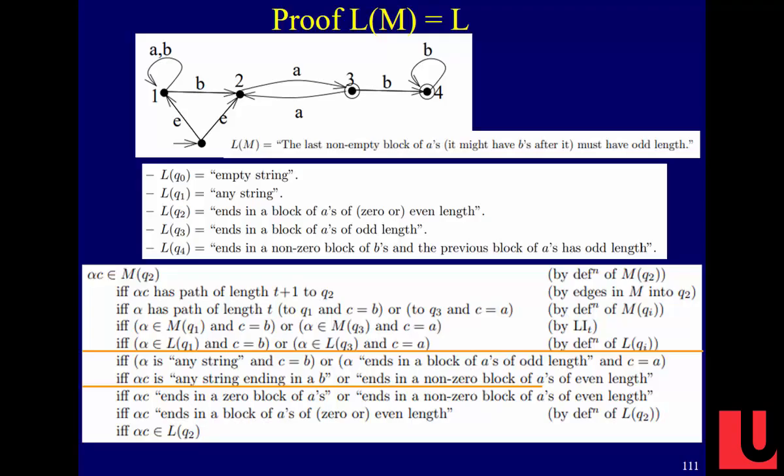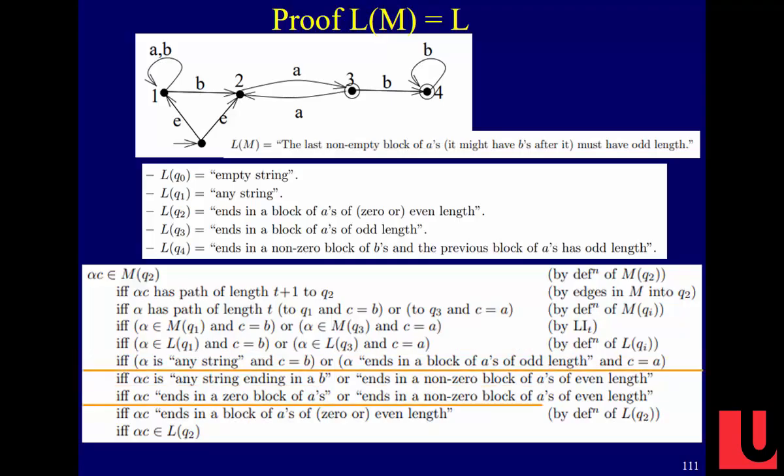And here, if it's any string ending in a block of A's of odd length and we get an A, then what do we got? We got a non-zero block. Oh, zero here means non-empty, not zeros. A non-empty block of A's of even length. We had a block of odd length, now we have a block of even length. So we got that, and then we go one more step, and we say, well, it's this or this.